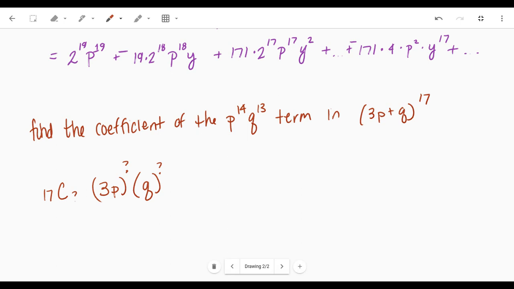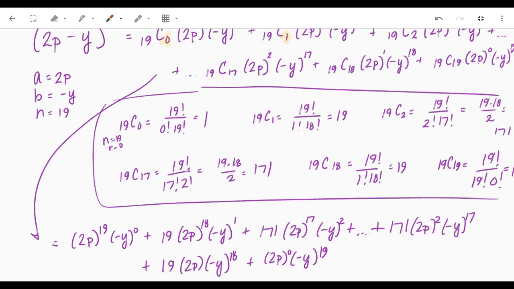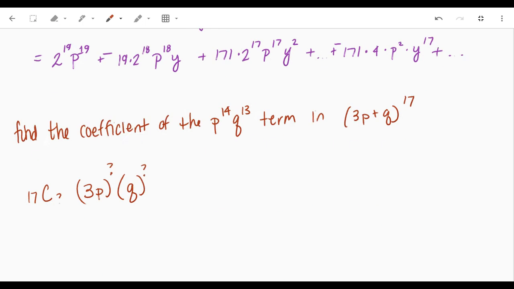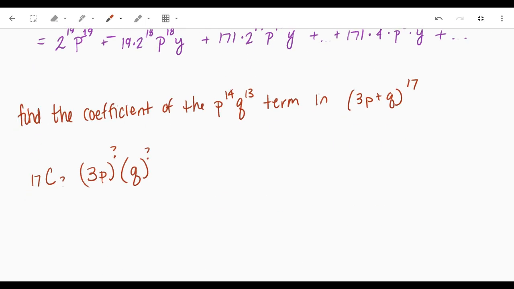So again, remember, these always add up to n for their powers, the a and the b. So if I see here, it'd be the fourth there, sorry. So it's not a coincidence that 4 plus 13 is 17. So what that means is that my little subscript is going to be 17 choose 4.